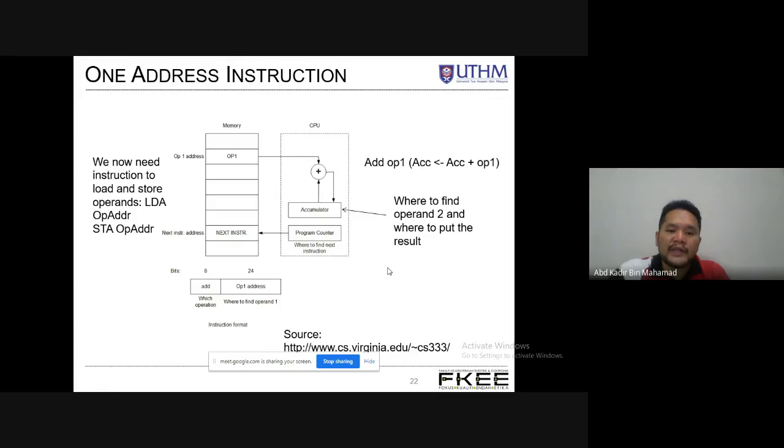Okay, for 1 address, it is involved with ACC, the accumulator. That means only 1 register is involved. You present operand 1, then you add it with the value in the accumulator. Later, the new value from the accumulator you keep in the accumulator.